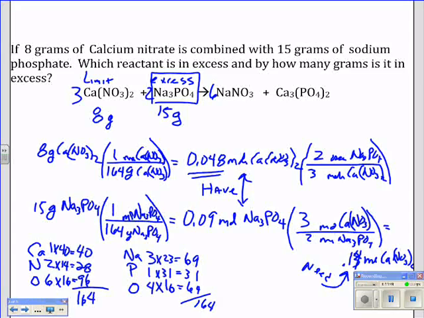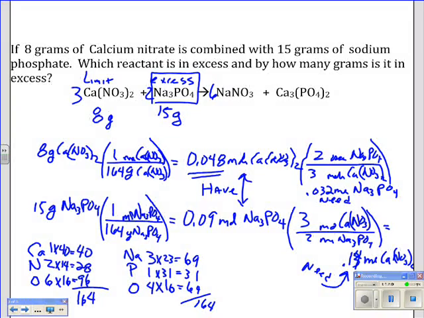So 0.048 times 2 divided by 3 is 0.032 moles of sodium phosphate. That's how much that I would actually need for my sodium phosphate.